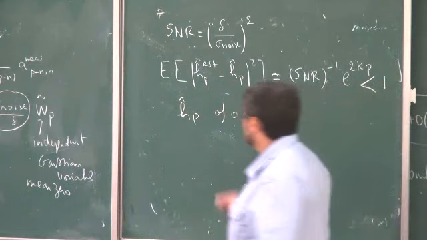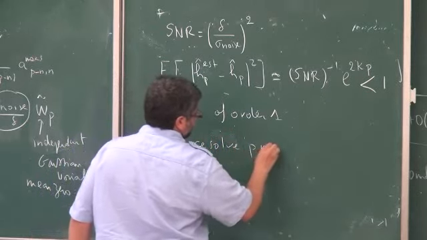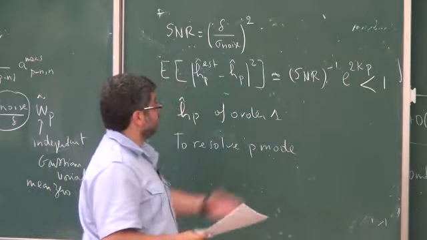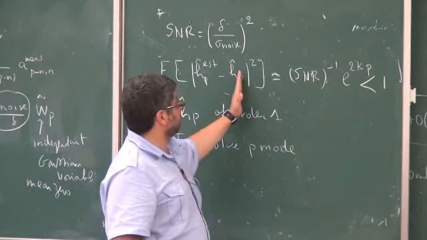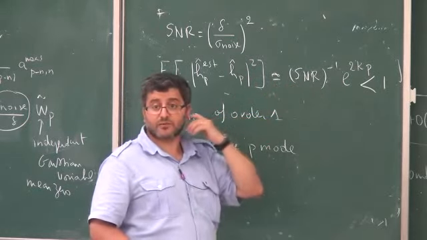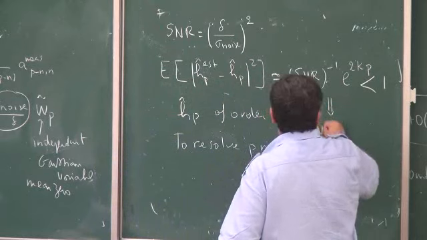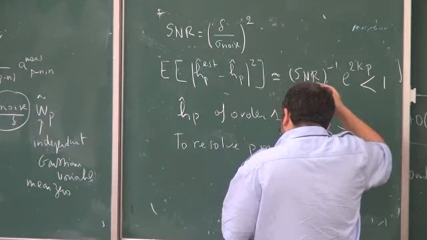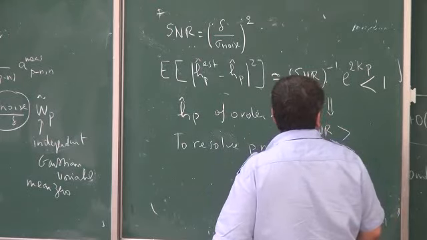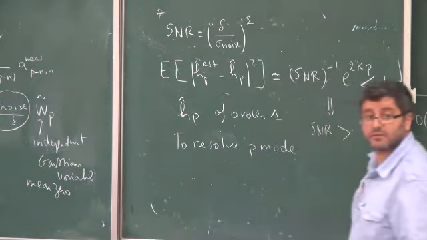In order to resolve the p mode, you need the variance to be smaller than 1, and this means that your signal to noise ratio has to be much larger than this guy.